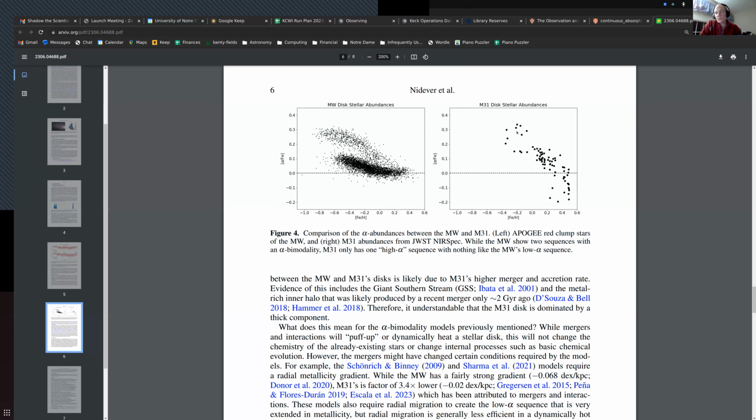So even though we believe that Andromeda and the Milky Way kind of look like each other, they're both large spiral galaxies, if you have this spectroscopy and you can measure the compositions of the stars, that kind of reveals stark differences in how quickly those stars formed. So we kind of got to the same endpoint, but through very different paths.